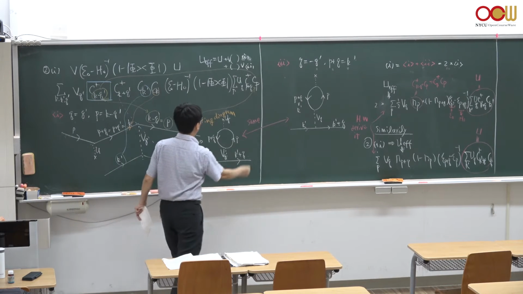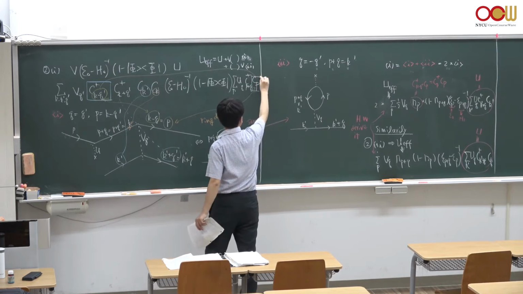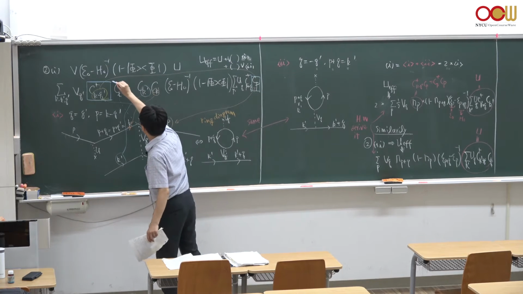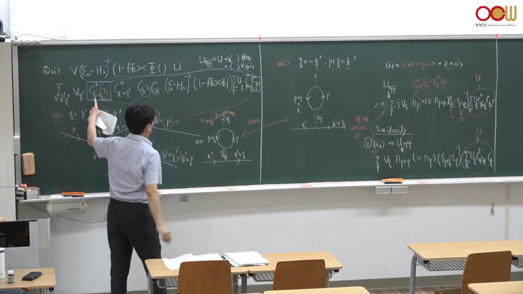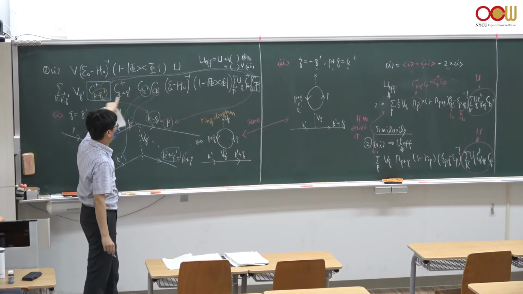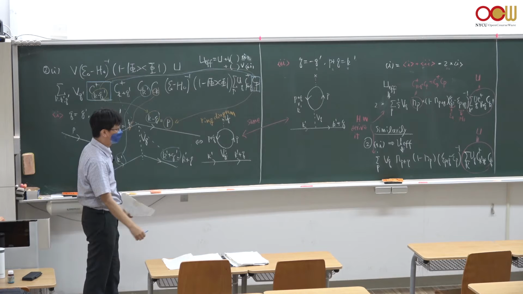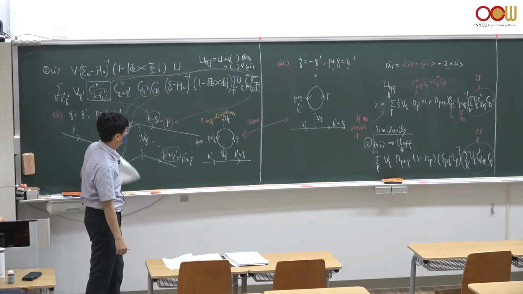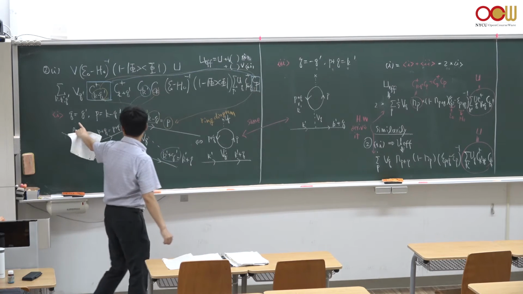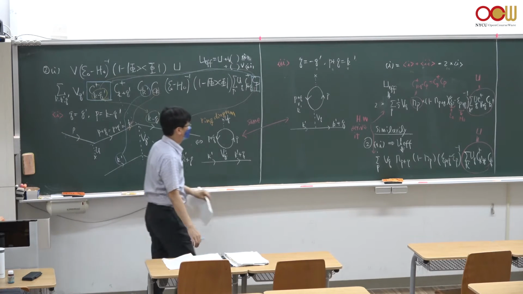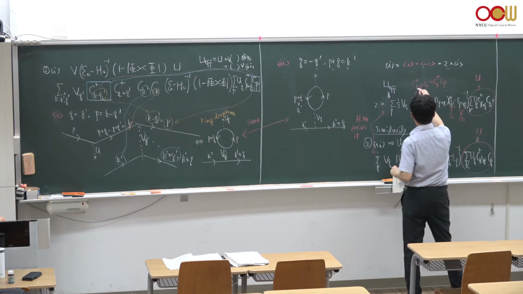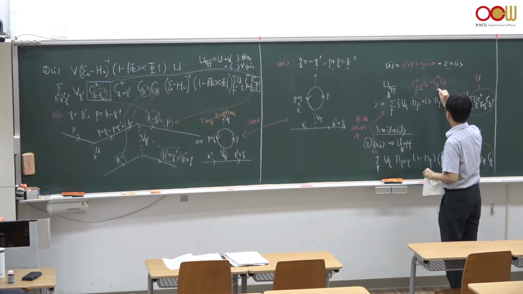So we can move all these operators so that these two operators, c dagger k minus q prime and c p, become neighbors. So when they become neighbors, and we have this assumption in the first case, the second case, we can identify that k minus q prime is the same as p.